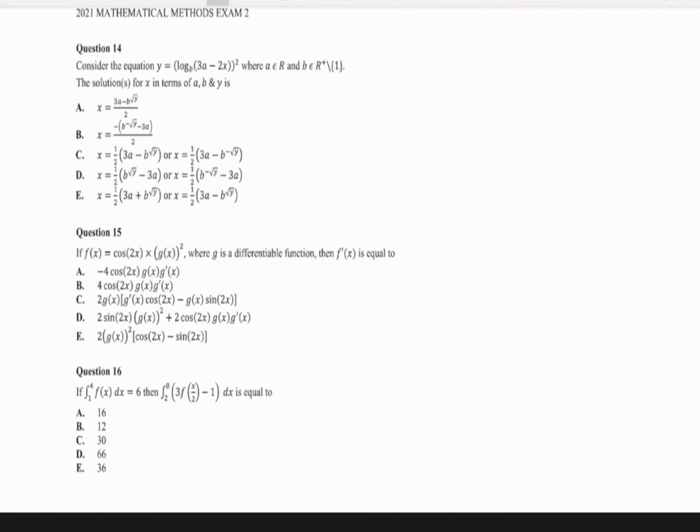Question 14, I used my CAS to solve this. I did y equals log b of (3a minus 2x) whole squared.